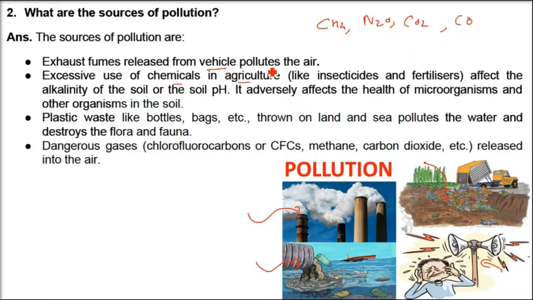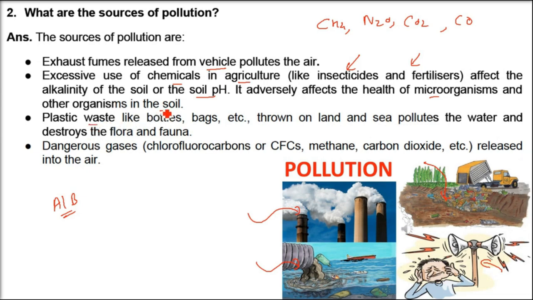If you are using excessive chemicals in agriculture, like insecticides, pesticides and fertilizer, they are going to affect the pH value. pH value is basically the value which will tell you the acidic value and the base value of the soil. So the organisms, the plants, they will grow at a certain pH level.